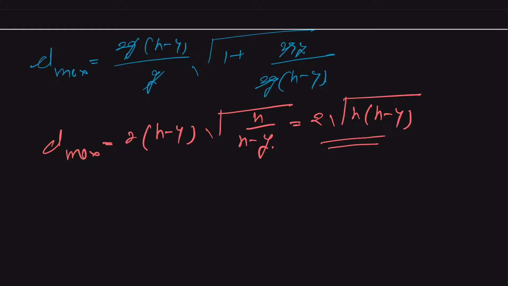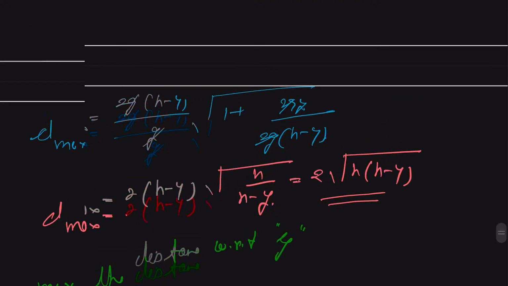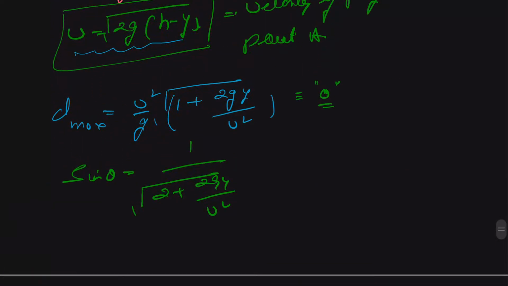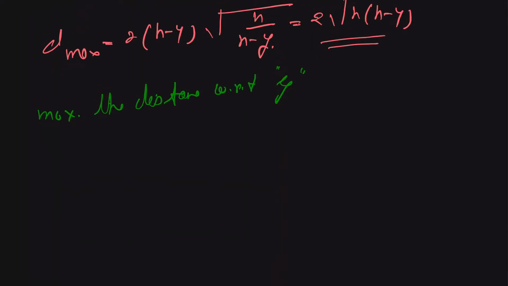Therefore we can say that maximizing the distance with respect to y, because the derivation which we used is only dependent upon our theta, because we solved it by taking derivative of theta equating to 0 and finding out d max.